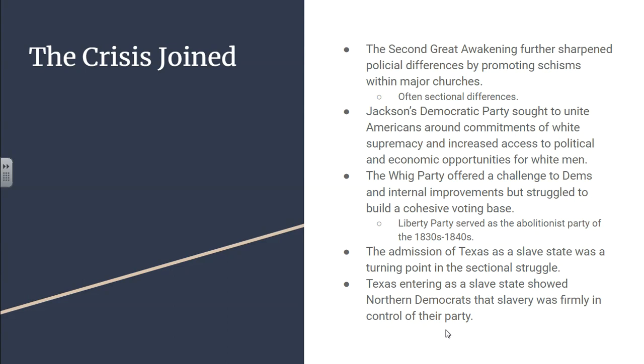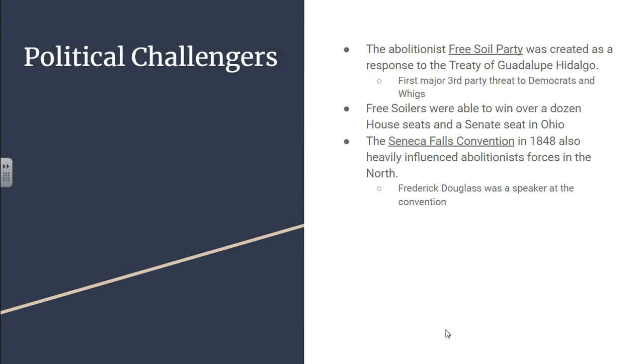And so you begin to see a split, which is going to be even further driven home with the Kansas-Nebraska controversy, in which Northern Democrats tend to see their political party being run by Southern Democrats, who were obviously the pro-slavery party.